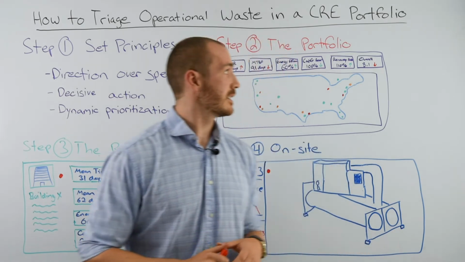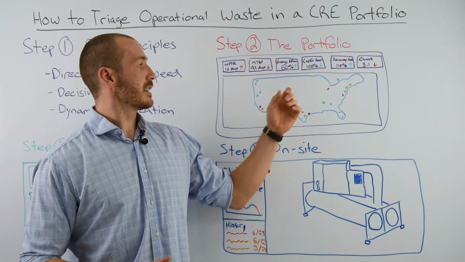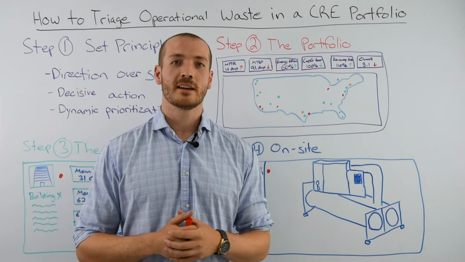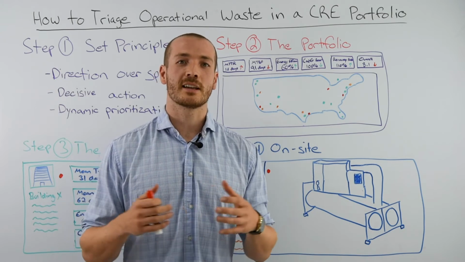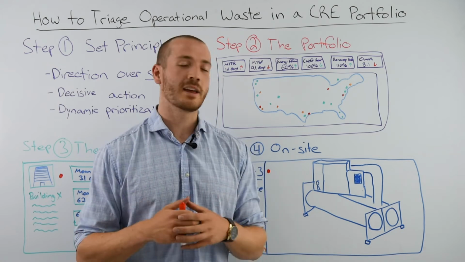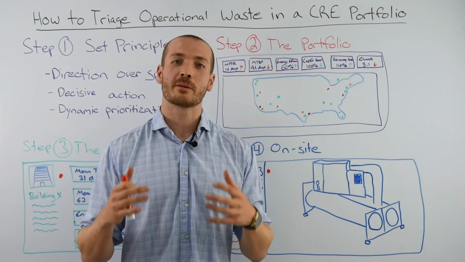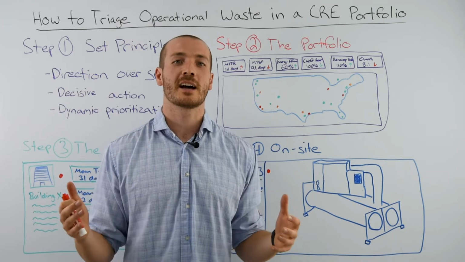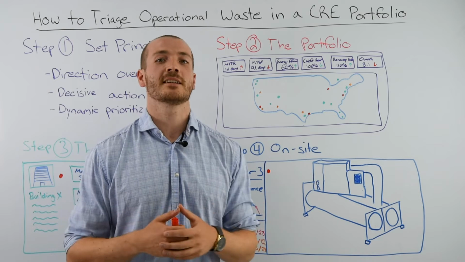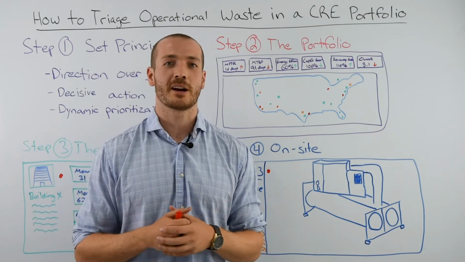All right, next, we want to take a look at the entire portfolio. Now, this may seem obvious, but most landlords and portfolio managers don't have one view where they can see the performance from an operational perspective of their entire portfolio and compare their regions and their assets on an apples to apples comparison.